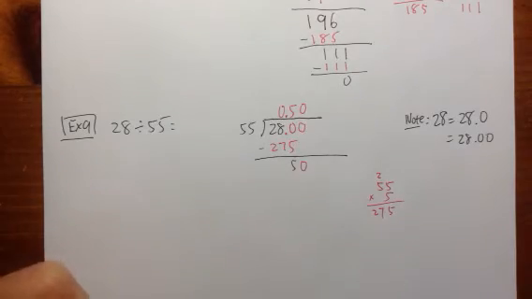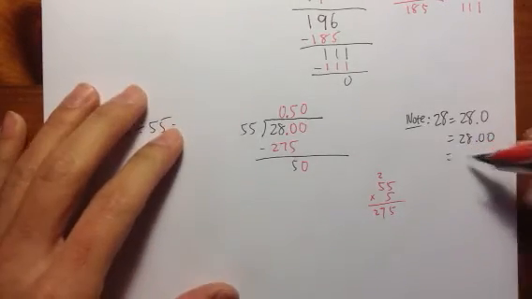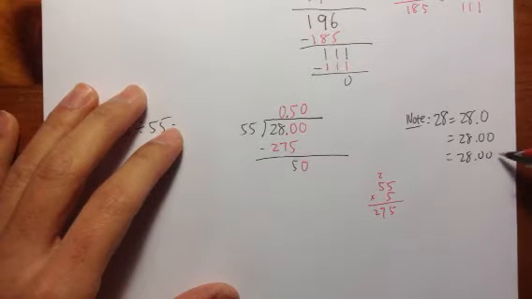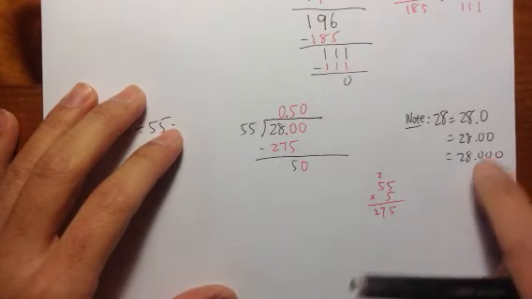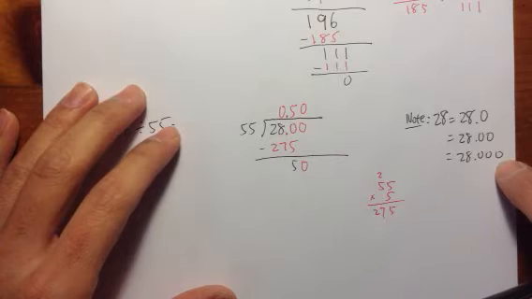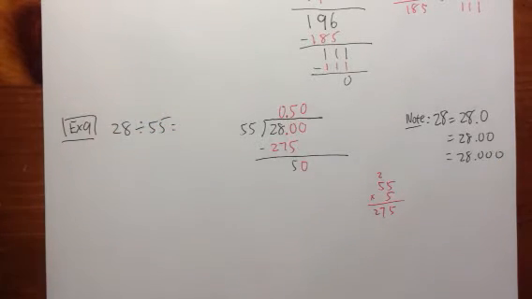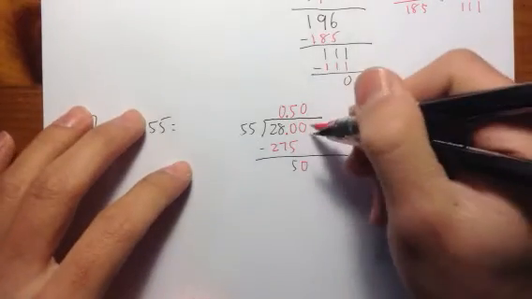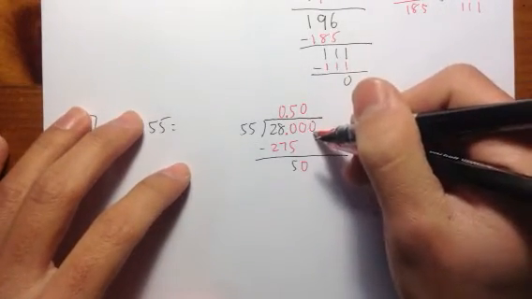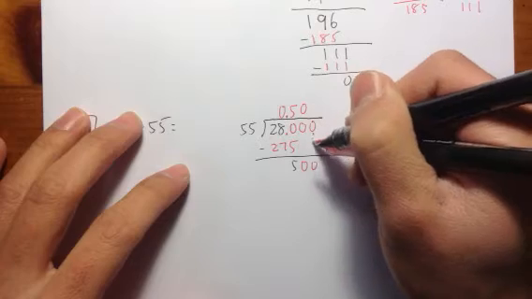So I can keep going, but in order for us to keep going, notice that I can put another 0 after the decimal point. I can put as many 0s as I need. So let's put a 0 right here, and then we can bring down this 0 down here.